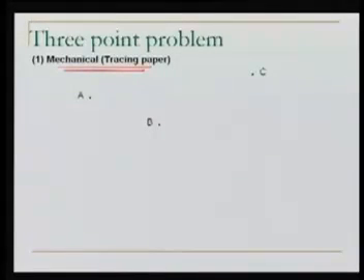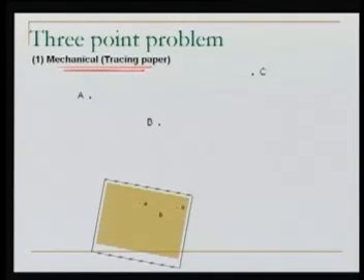These may be triangulation stations, corners of buildings, electrical poles, or telephone poles, some permanent features which we observe as control points. So these control points are A, B, and C. As well, we know these control points are also plotted on our sheet, small a, small b, and small c.